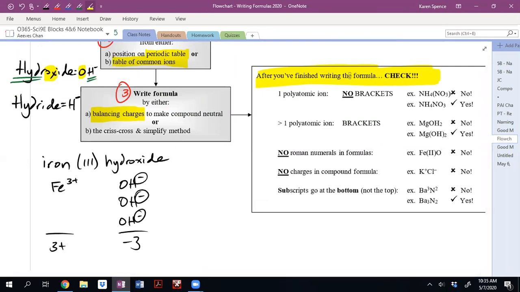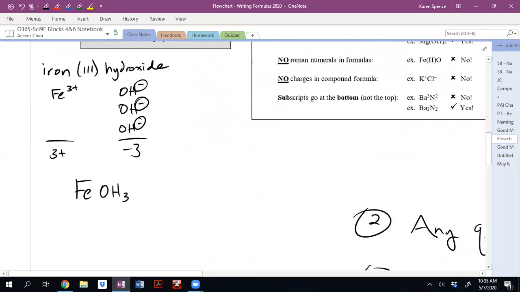And if you're looking at brackets, if you have more than one of a polyatomic ion, you have to use brackets. So if I look at this, I have more than one hydroxide, right? I have 3 times OH minus. And you'll notice that when I wrote the times, it was almost automatic for me to put the whole thing in brackets because I'm multiplying not only the hydrogen, but I'm also multiplying the oxygen.